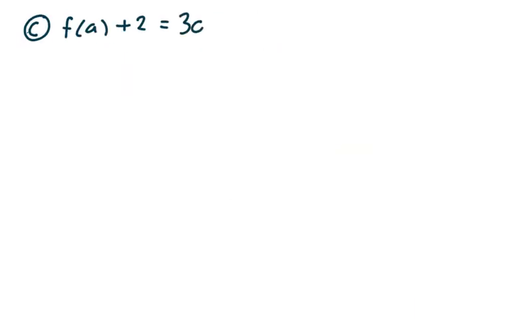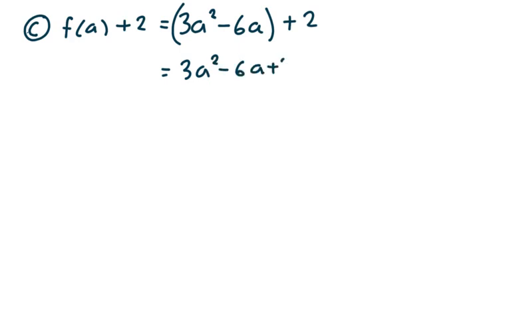So I get 3a squared minus 6a. Now, this piece I'm going to put in parentheses to stress that that's f of a. Then all I have to do is add 2. So 3a squared minus 6a plus 2 is how we work part C.